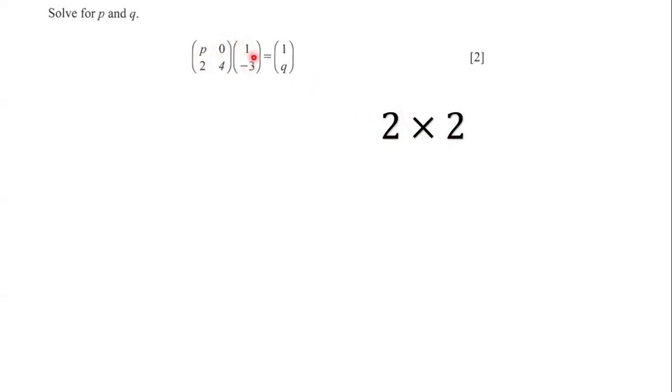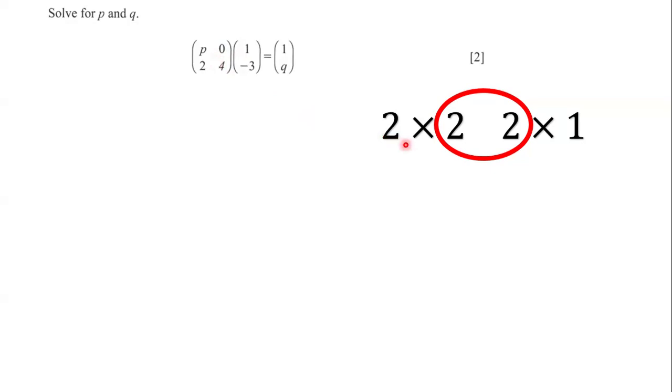How about this matrix? What is the order of this matrix? Well, the order of that matrix is 2 by 1 because it has 2 rows and 1 column. Now notice that these two numbers are equal, so we circle them. Since these two numbers are equal, the multiplication between these two matrices is defined, so you can multiply them in that order.